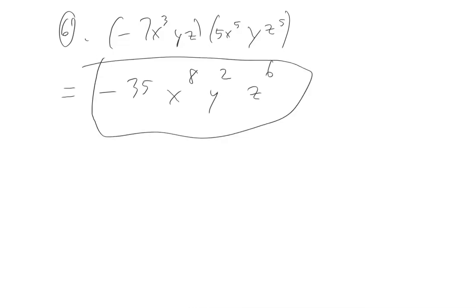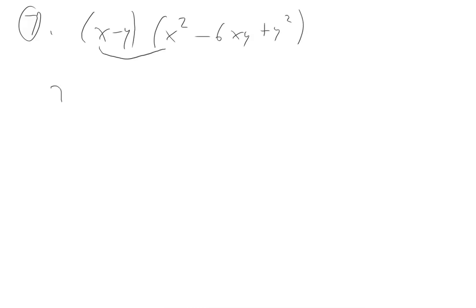And then let's try number 7. So x minus y times x squared minus 6xy plus y squared. So x times x squared equals x cubed. X times negative 6xy equals negative 6x squared y.